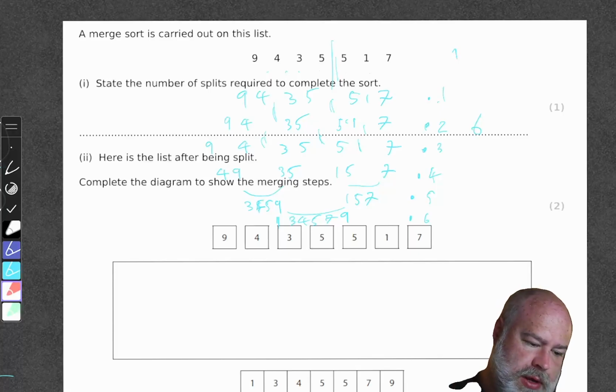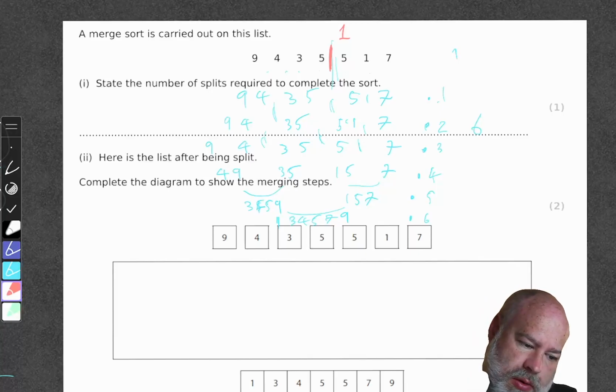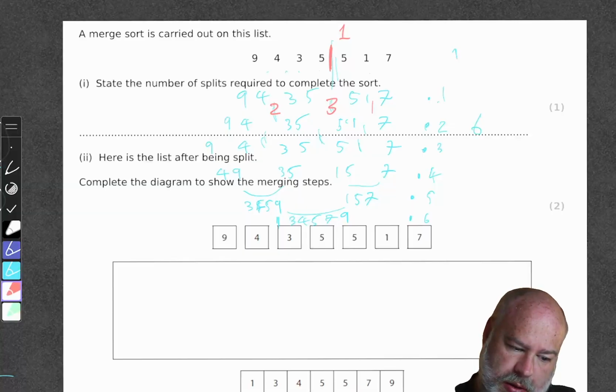Yeah, let's have a look at it. So we're splitting it here. That's definitely one split. And then we split into 2, 3, and 4.